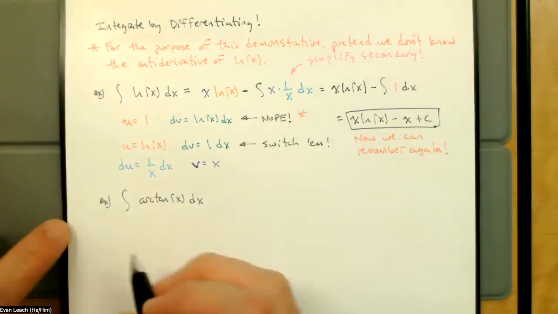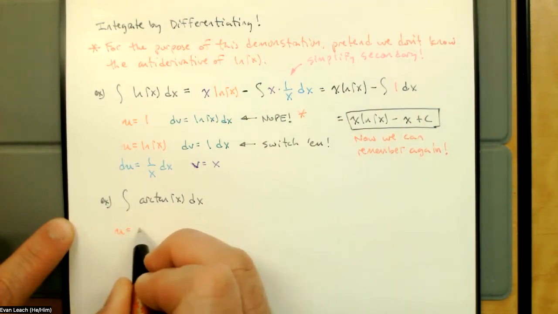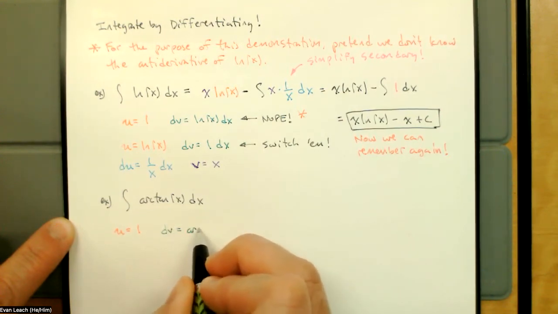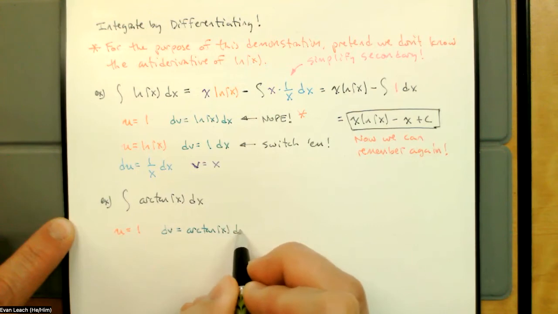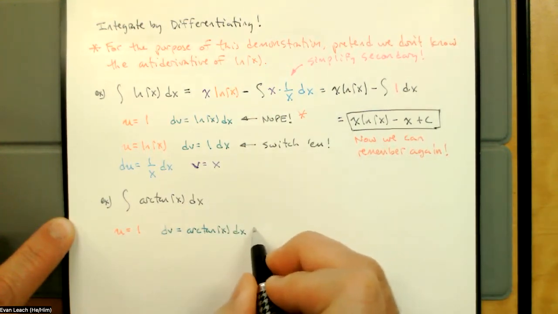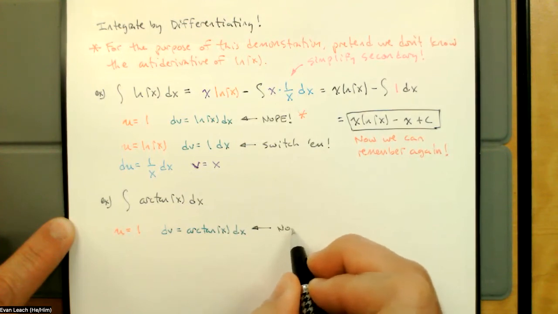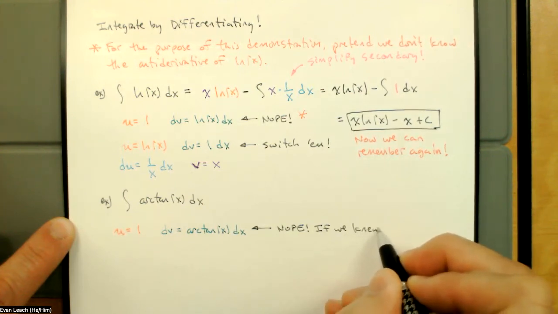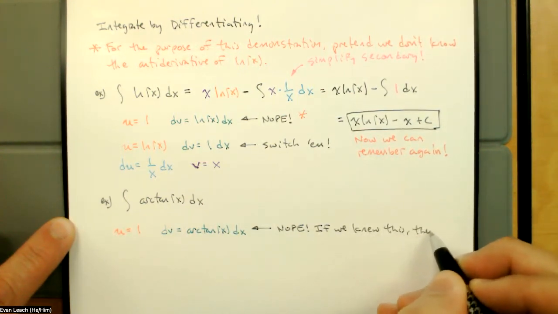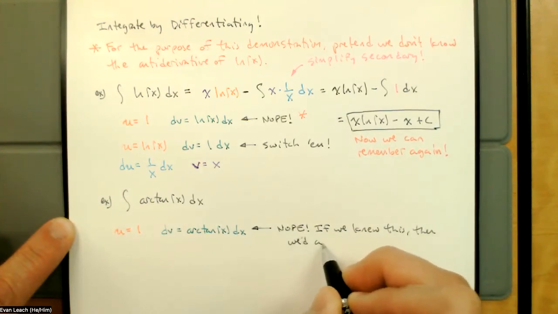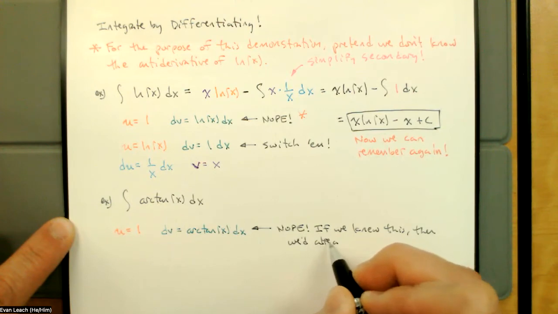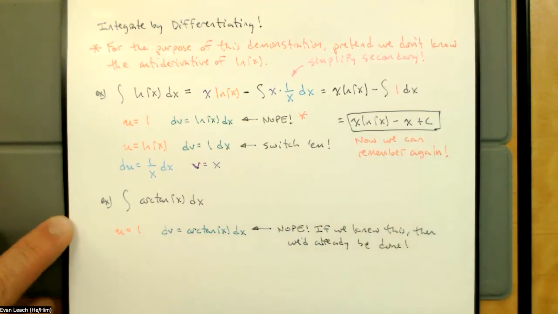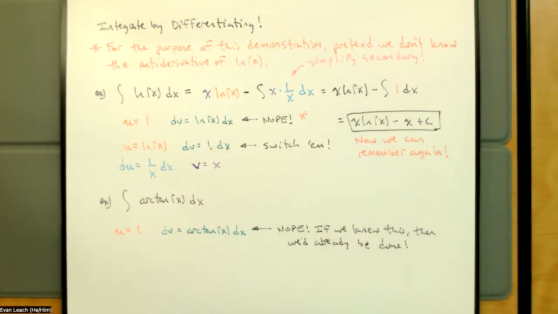That's our normal technique. If we tried u is 1 and dv is arctangent, if we knew the integral of arctangent of x, then we'd already be done.